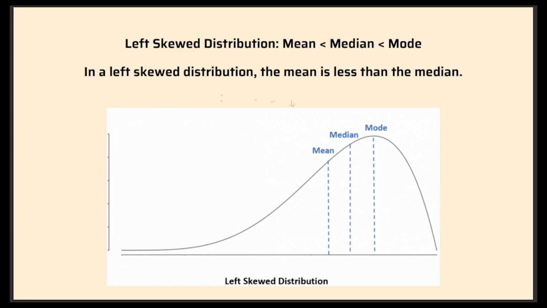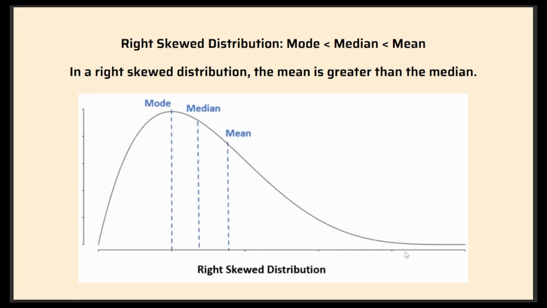Left skewed means it has a longer tail on the left hand side, and all the data points are accumulated on the right side. This creates an asymmetry in the data set.